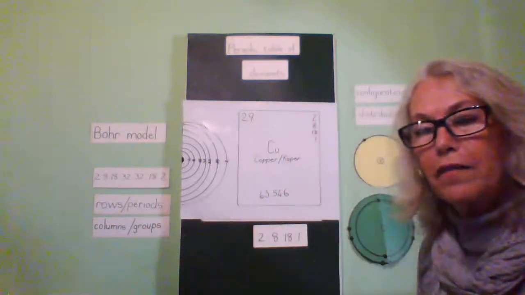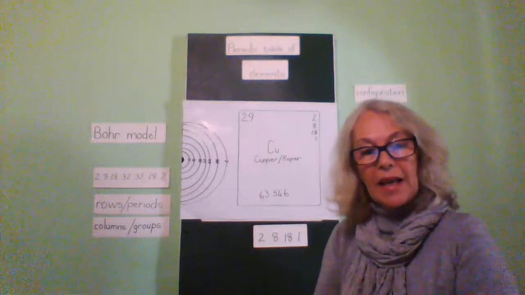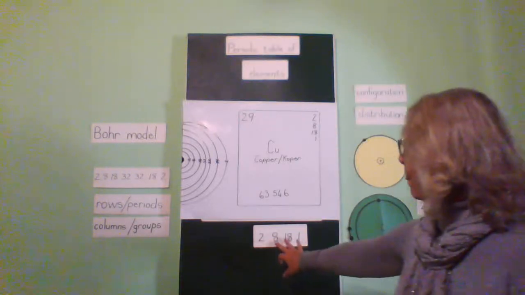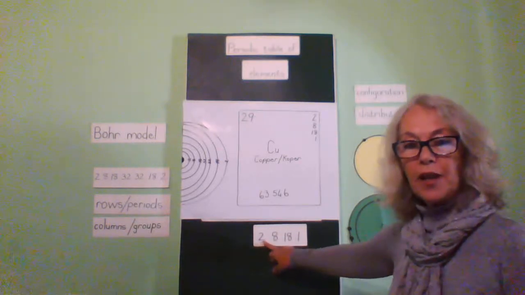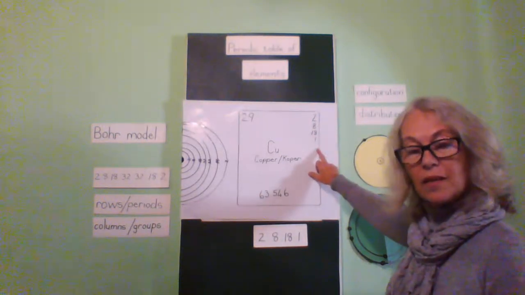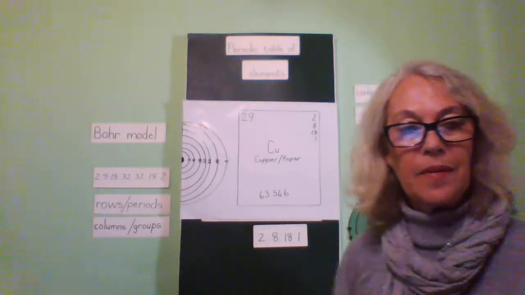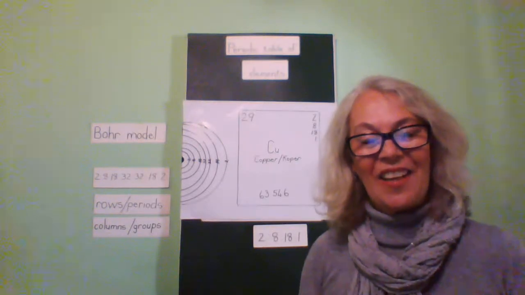Now, the electron configuration can also be indicated this way. There we can see it's got 2, 8, 18, and 1. Now, we use this when we describe this atom in a paragraph format. Now, that's a lot of work.